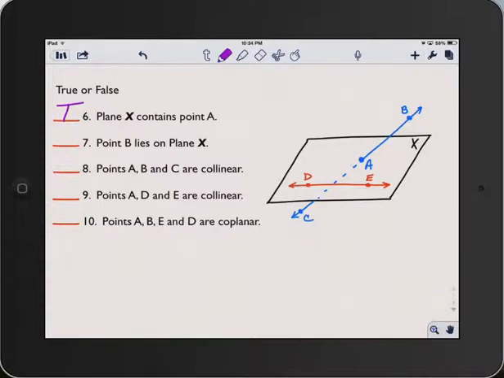Problem number 7, point B lies on plane X. Point B is drawn outside of the parallelogram representing plane X. In other words, if plane X was representing a piece of paper and line AB was representing a pencil going through the paper, point B, say where the eraser would be on the pencil, that's above the plane. So therefore, does it lie on the plane? False.